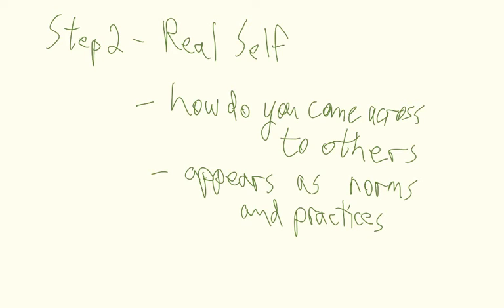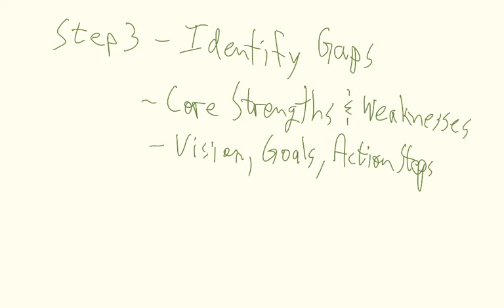So let's move on to step 3 after we've defined both ideal self and real self. In the 3rd step, we're going to start identifying those gaps between the ideal self and the real self. Collection of real, accurate data is important so you can identify these gaps and start developing a plan.